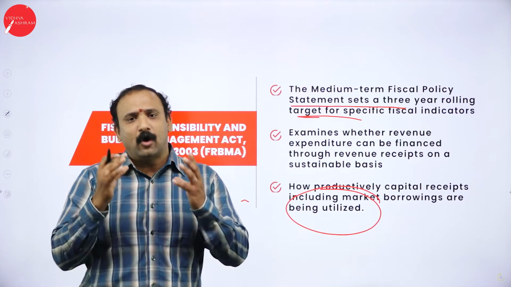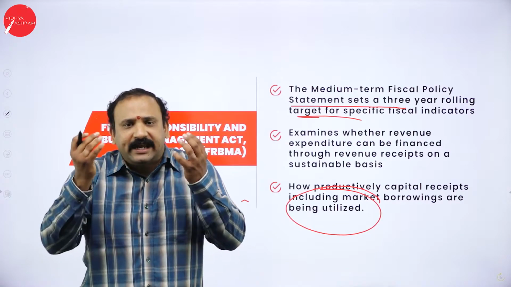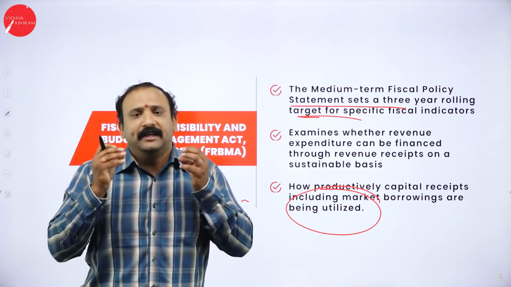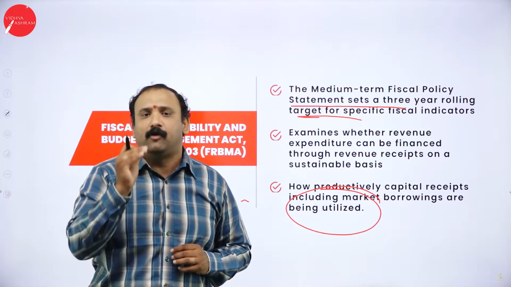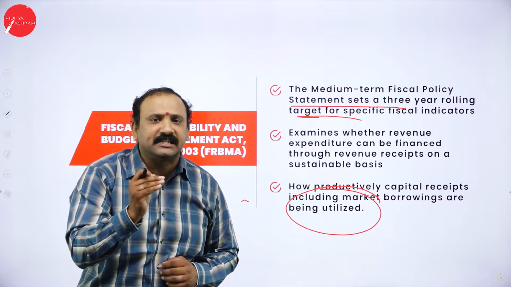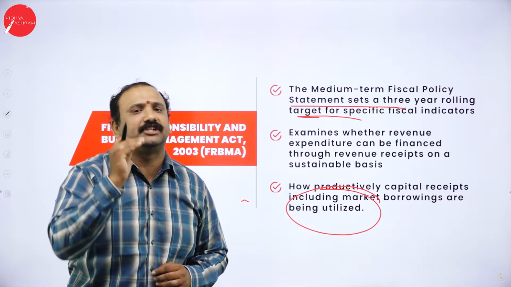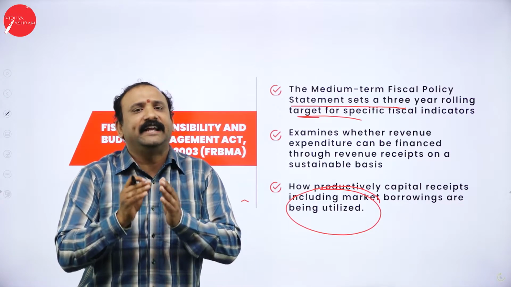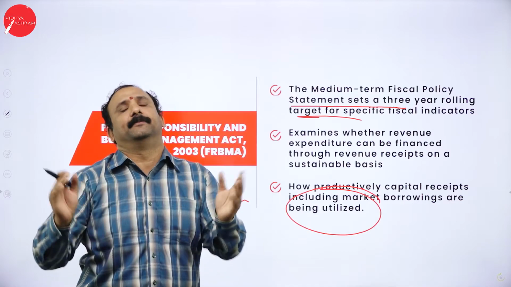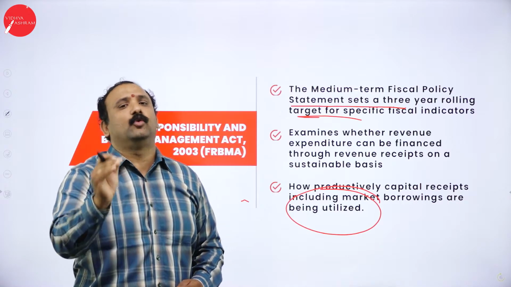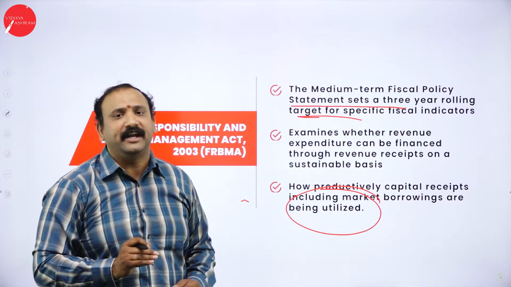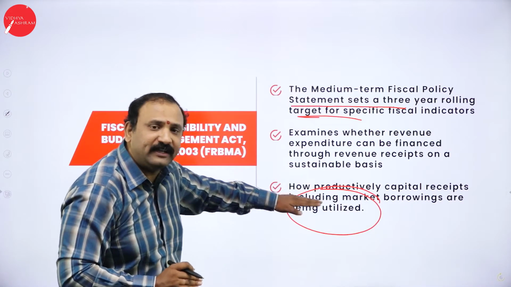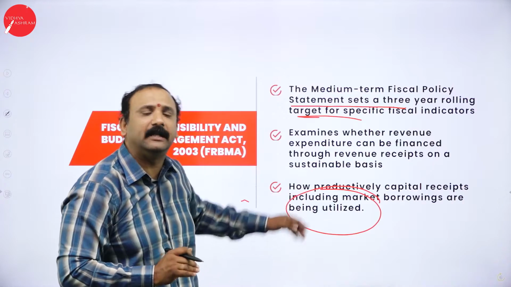So when all that money is taken in the form of debt by the government of India, it becomes highly responsible for the government to understand the proper utilization of money without getting distracted or disturbed. So the government will try to enact an act through which they will say how effectively we are using those capital borrowings.